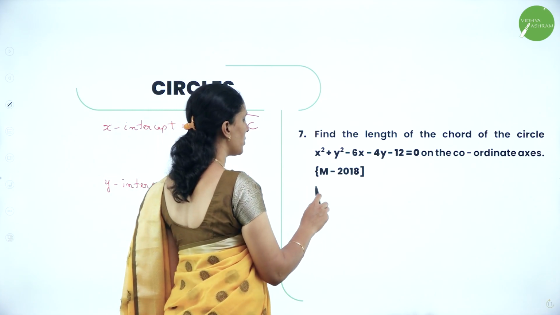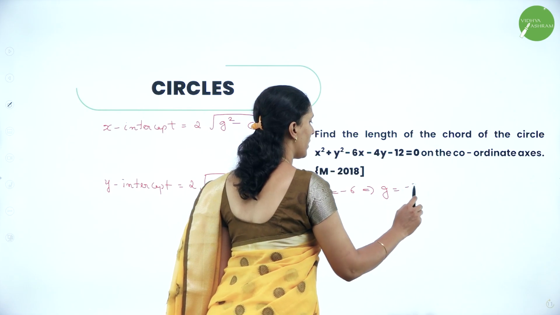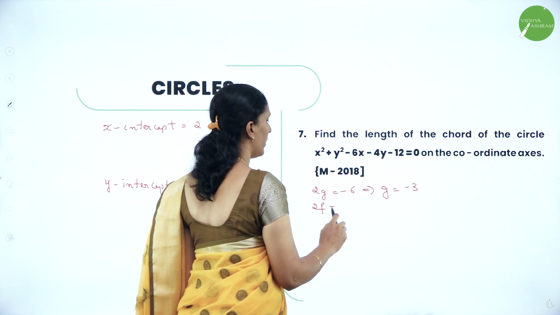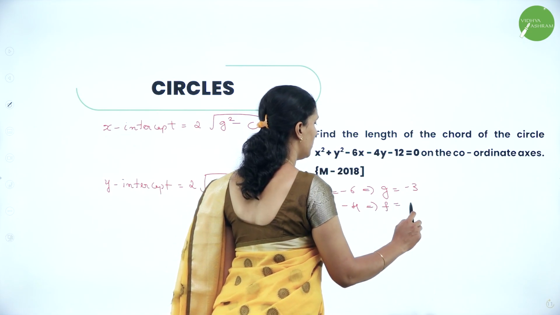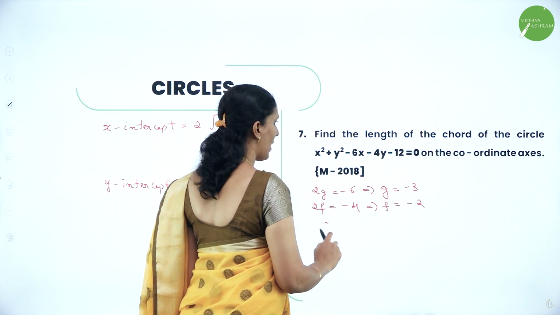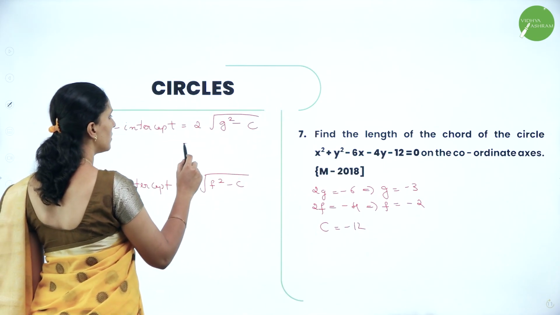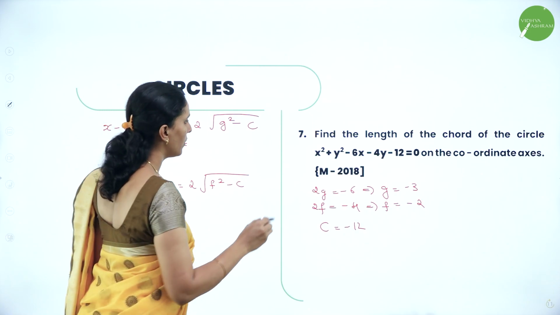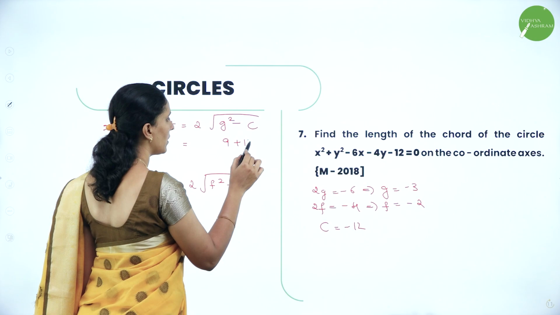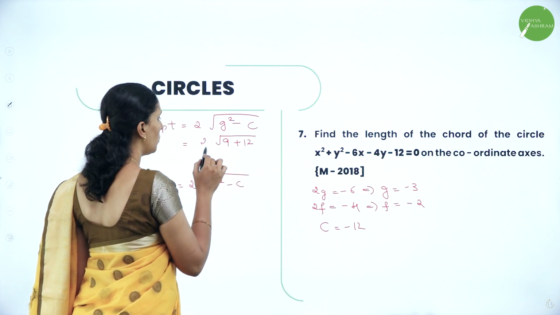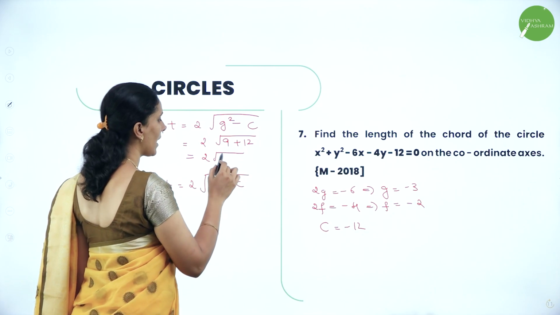Now from the equation we have 2g is equal to -6, so g is equal to -3. 2f is equal to -4, so f is equal to -2, and the value of c is equal to -12. So let us substitute here. g square is 9, minus of minus 12 is plus 12, so we will get 2 root (12 plus 9), that is 21.